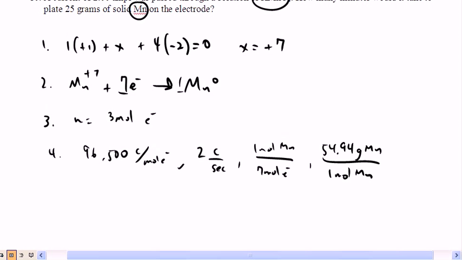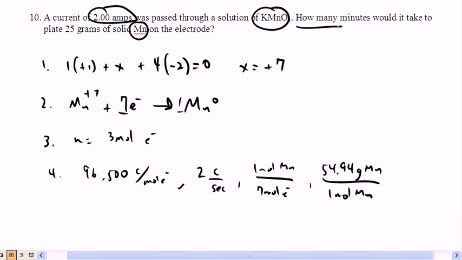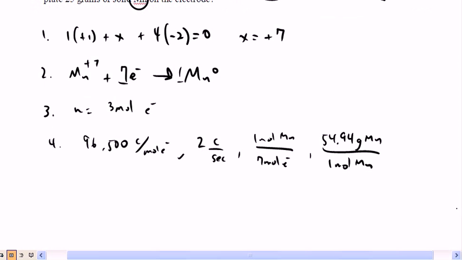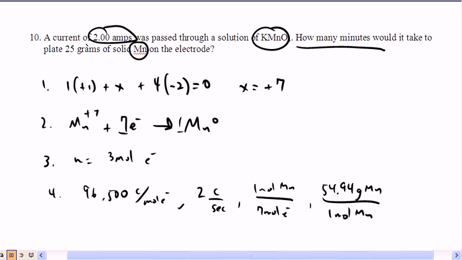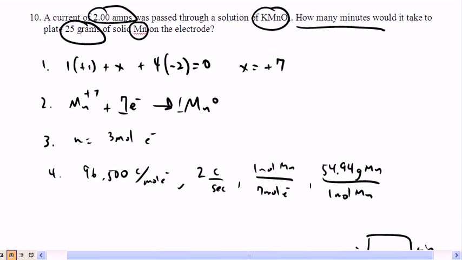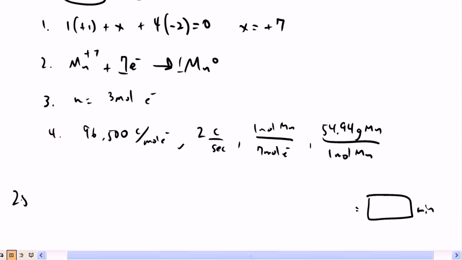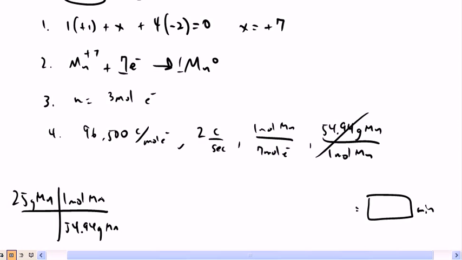So what do we have in this problem? We want to know how many minutes it would take to plate out 25 grams. So working backwards here. Okay, so let's work backwards, no problem. We know that there are 54.94 grams of Mn for every 1 mole of Mn.